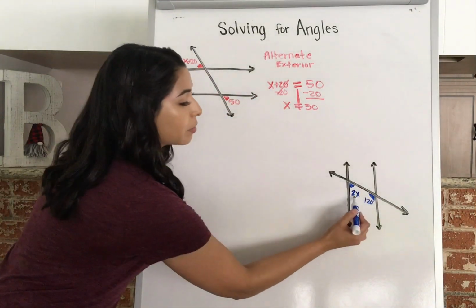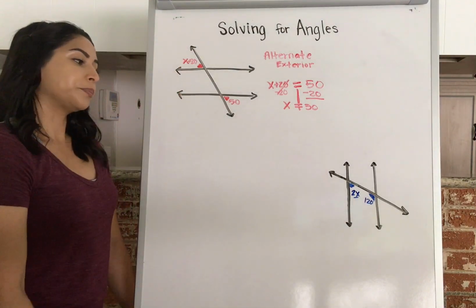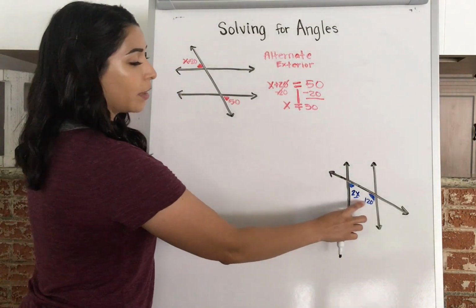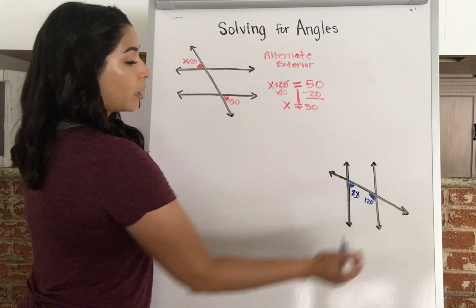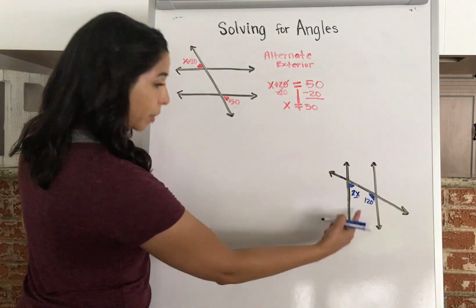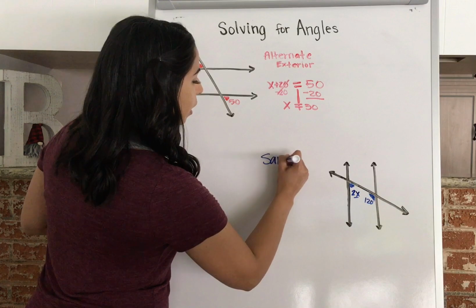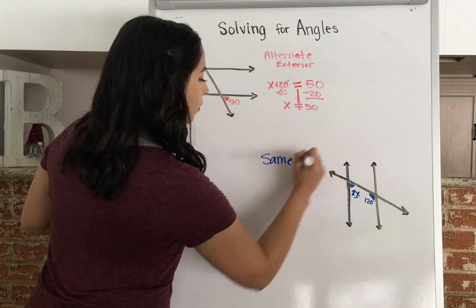Well, how do I find that missing piece there? Well, I know that if I add these two up, they will equal 180 degrees because they are same side interior.